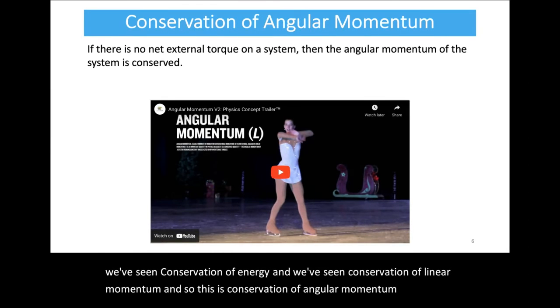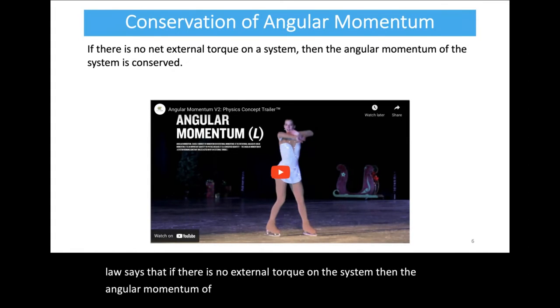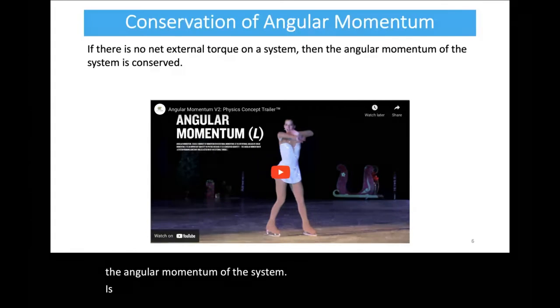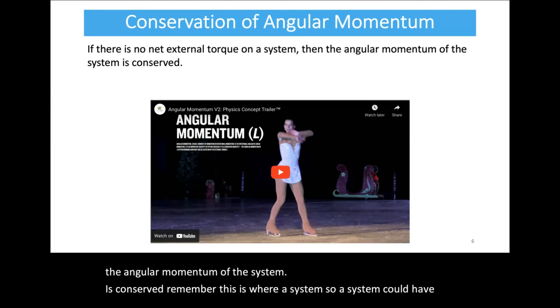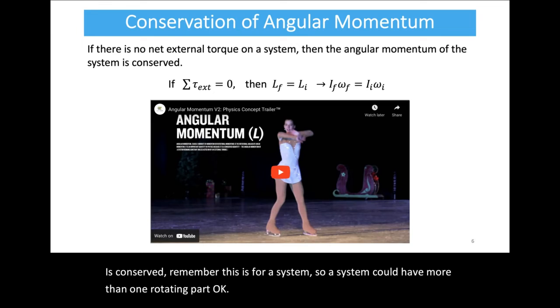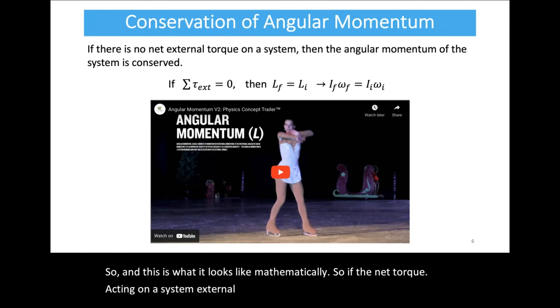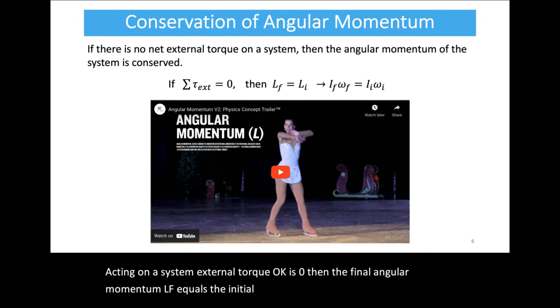This law says that if there is no external torque on a system, then the angular momentum of the system is conserved. And remember, this is for a system, so a system could have more than one rotating part. This is what it looks like mathematically. If the net external torque acting on a system is 0, then the final angular momentum, LF, equals the initial angular momentum, LI.